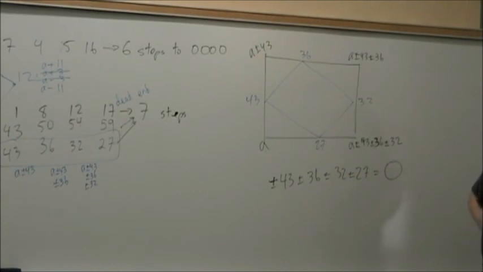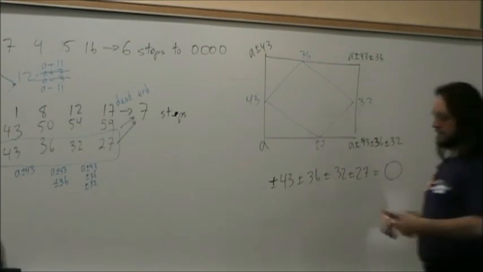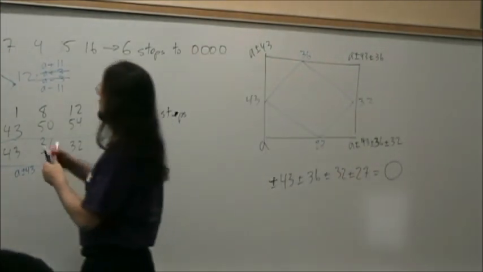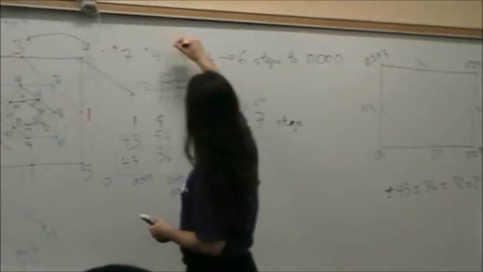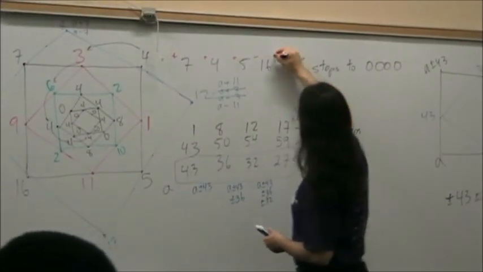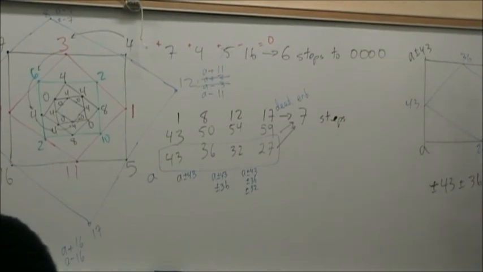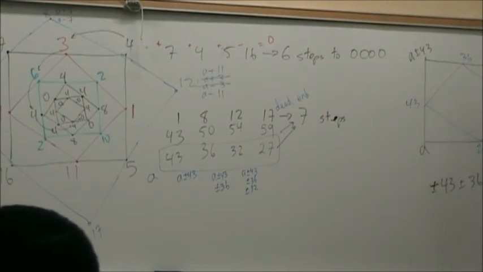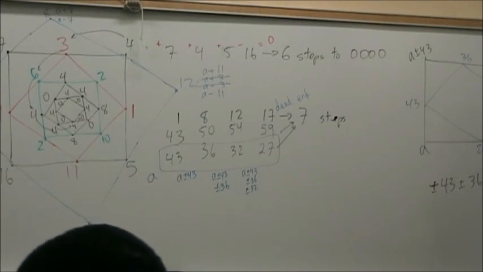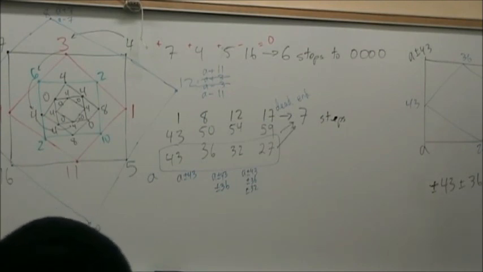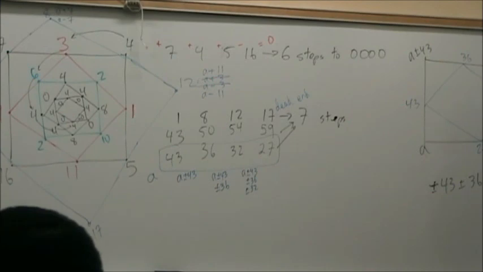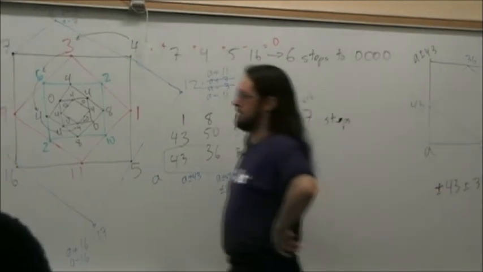So how can I tell whether that's possible or not? With this one it works because if I did plus 7, plus 4, plus 5, and minus 16, that equals 0. Well, obviously, you'd have to have an even number of odds, because you want the parity to end up being even.